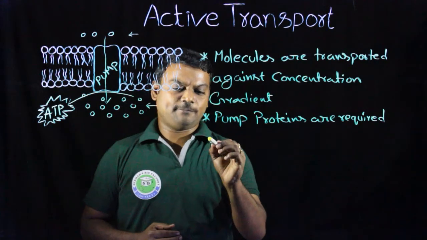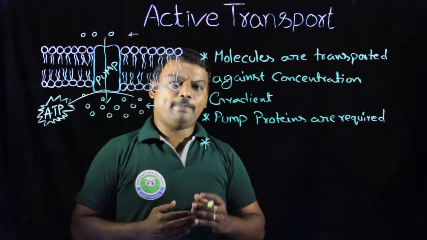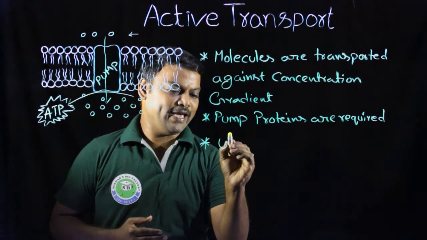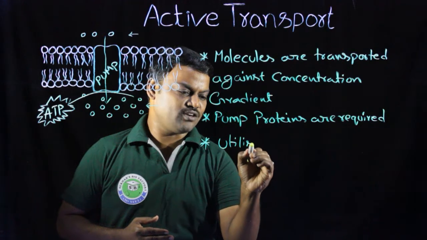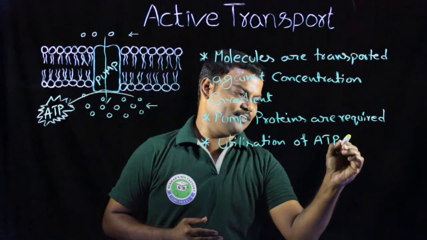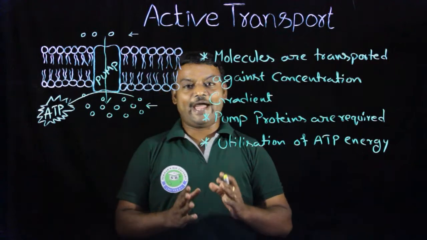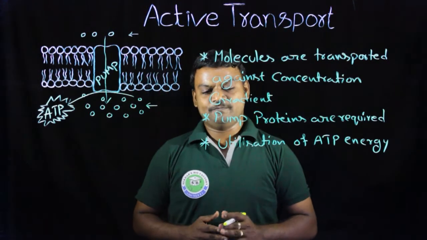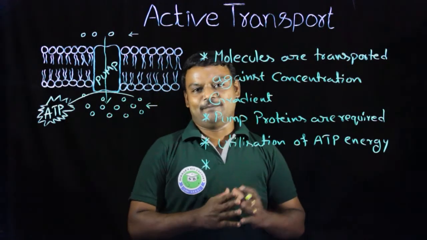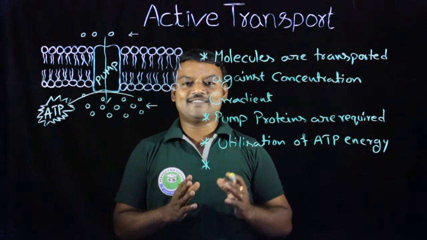At the time of this transportation, these pump proteins actively pump the molecules against the concentration gradient by utilizing ATP energy. Utilization of ATP energy takes place in active transport. And along with this transportation process, when it reaches the maximum rate, at this time the protein pumps get saturated.